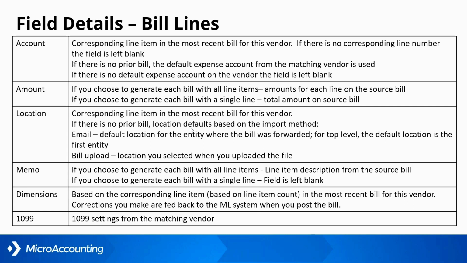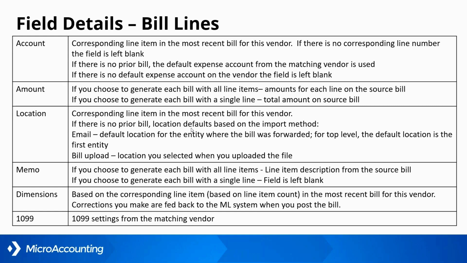Because if every time I'm having to go in and fix that, maybe that's not a situation where this is helpful. But if that vendor bill is the same or close to the same every time, and the amounts change, then absolutely this automation is going to save you some time, because it's going to look back at how you did that before.